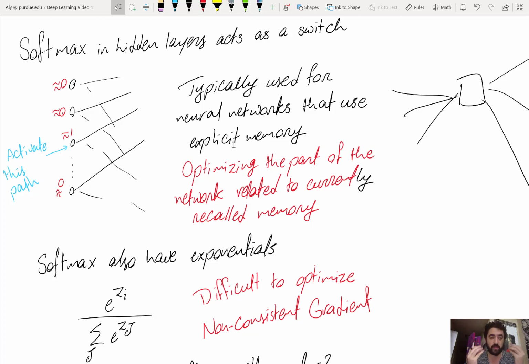So if you want to think of how softmax works as a hidden layer, think of the attention mechanism that we human beings have. When you watch a scene in a movie, it reminds you of some memory. Then you consciously recall this memory and reflect on it.